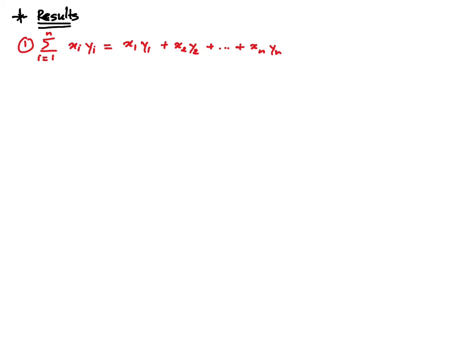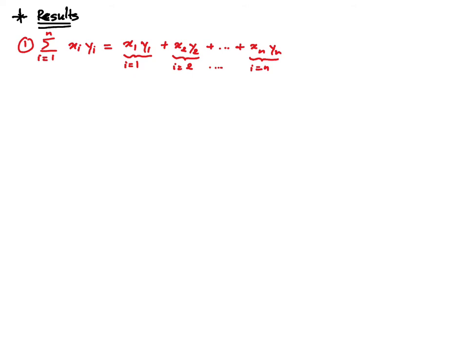Again, it's the same idea, right? Wherever you see an i, you want to replace it with 1, 2, 3, 4, 5, all the way to n. So the first term on the right hand side is what you get when i is 1, the second term is what you get when i is 2, and the last term is what you get when i is equal to n.